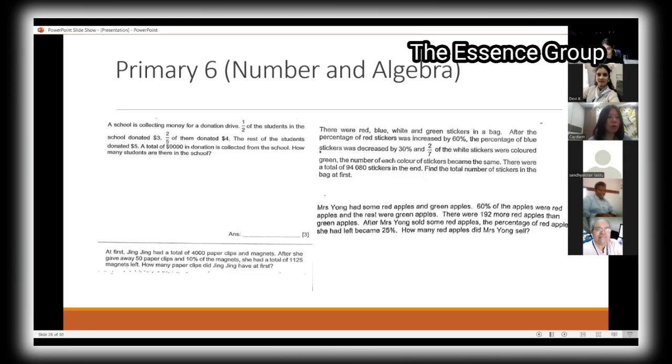For 20 points itself, the bare minimum score is 65 for each subject. There are 4 subjects in total that will be tested in the Primary School Leaving Examination: English, math, science, and their mother tongue.